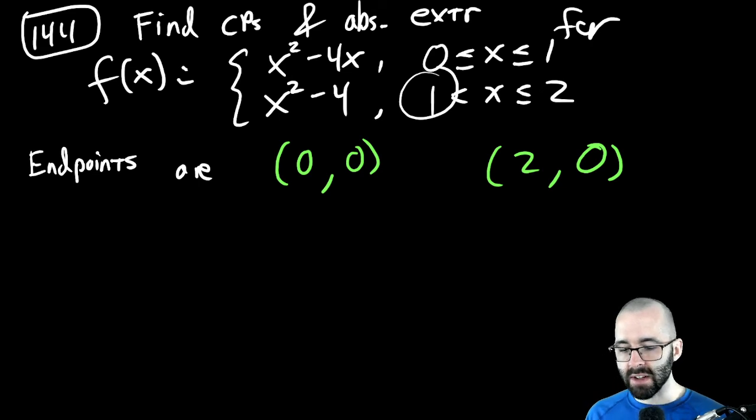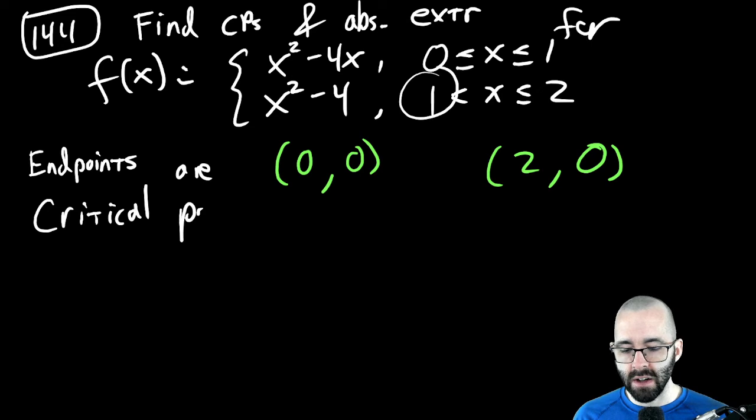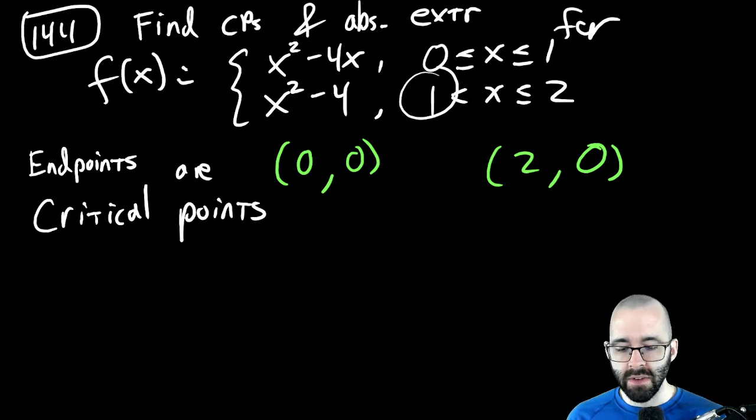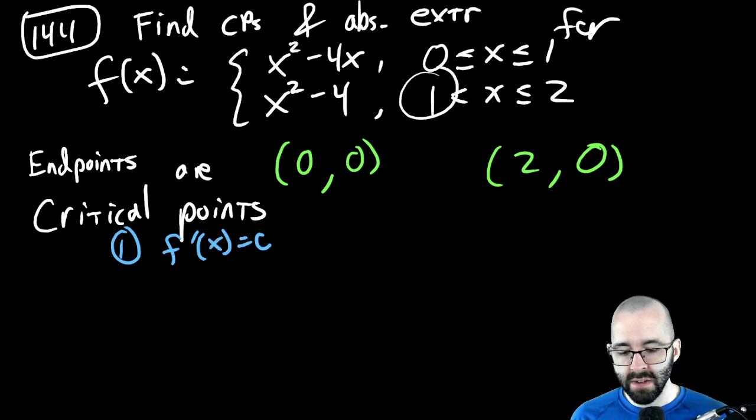We also have to look at the critical points. And that's a little harder here. Critical points are when the derivative equals 0 and when the derivative doesn't exist. Let's start by looking at when f prime of x equals 0, and then later on we'll look at when the derivative doesn't exist. So the derivative of this function is a little tricky.